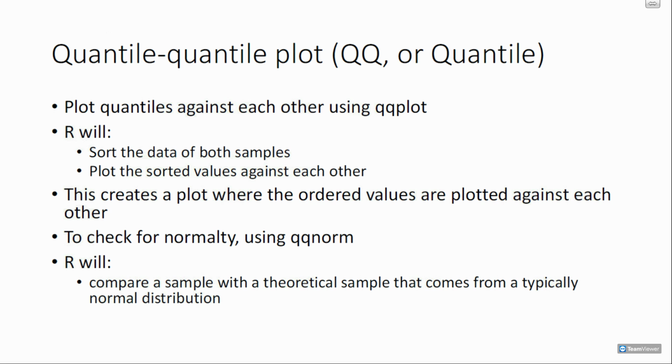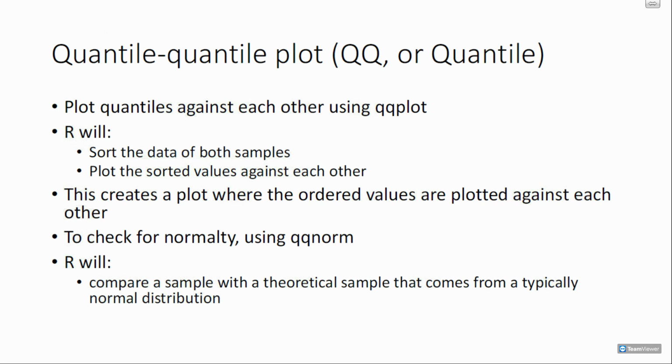It divides each set of data into quantiles. If you remember, quantiles divide the data into 4 groups: 0 to 25% of the data, 25 to 50, 50 to 75, and 75 to 100%.